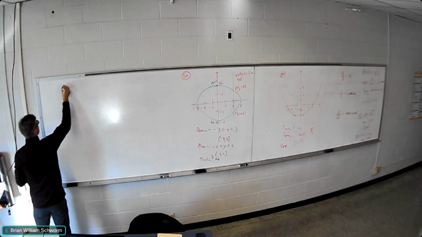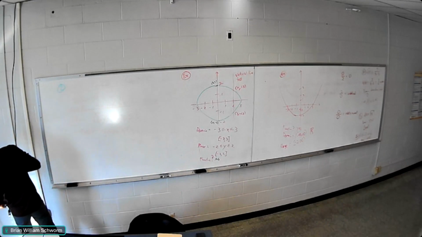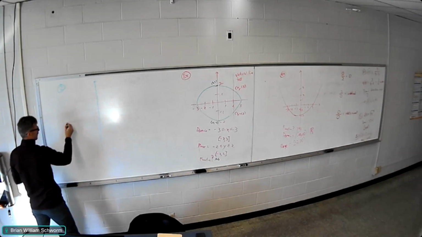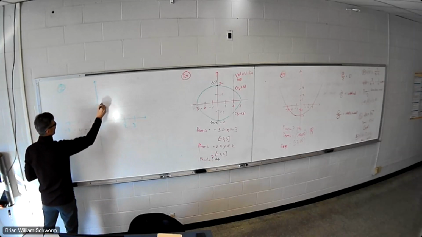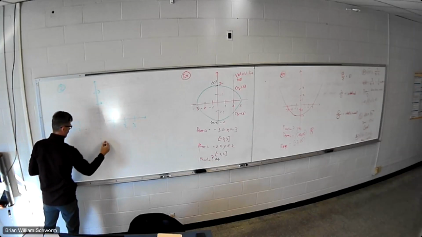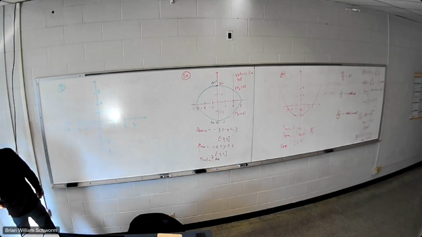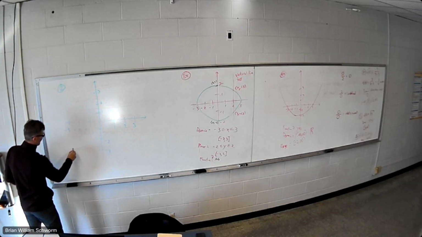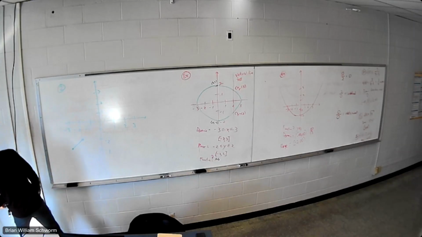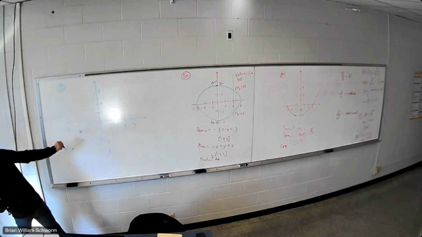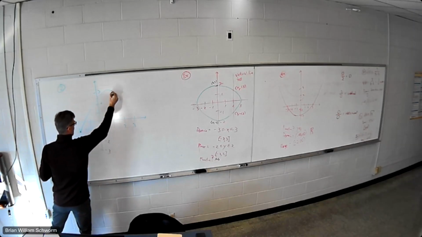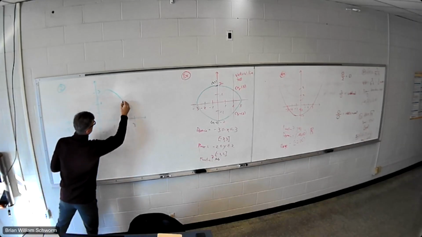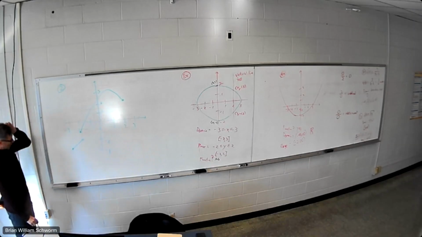Problem number 2 has a graph that looks kind of weird. So it's got a graph that kind of looks like this.